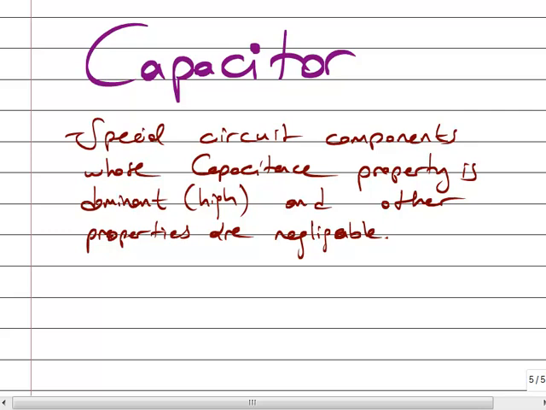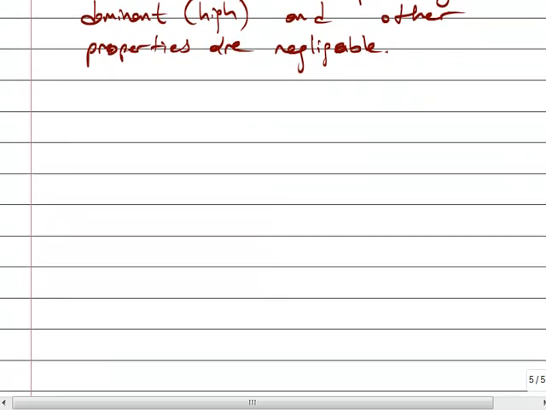So a capacitor is a circuit component like a resistor and an inductor. Let's use a symbol for the capacitor. Let this be the symbol of the capacitor. It's a two-terminal device, A and B.